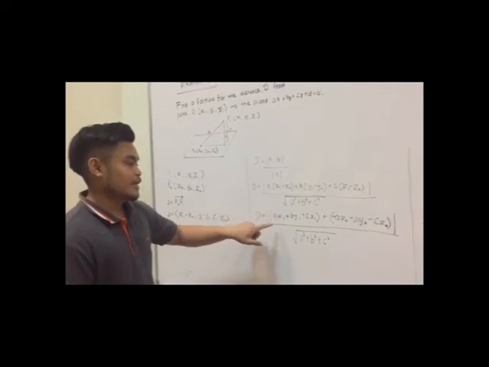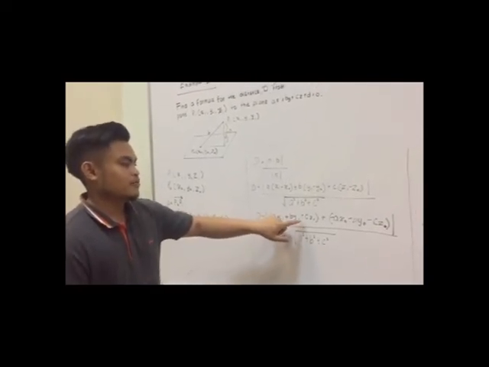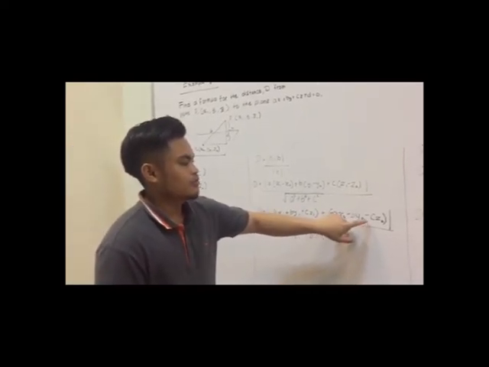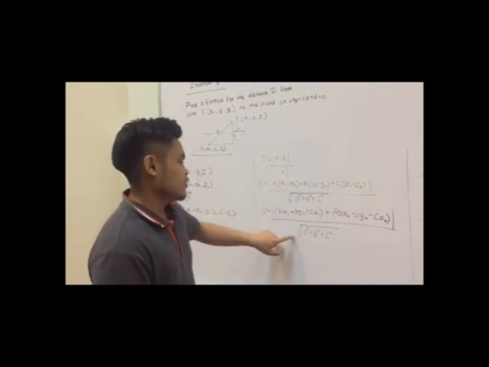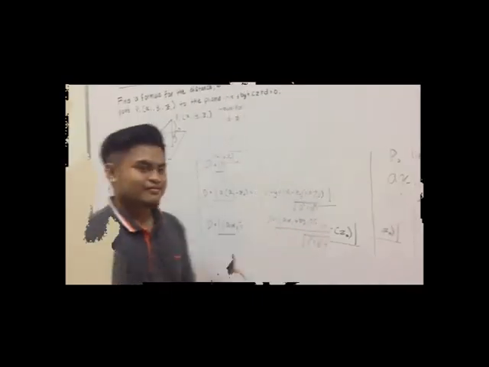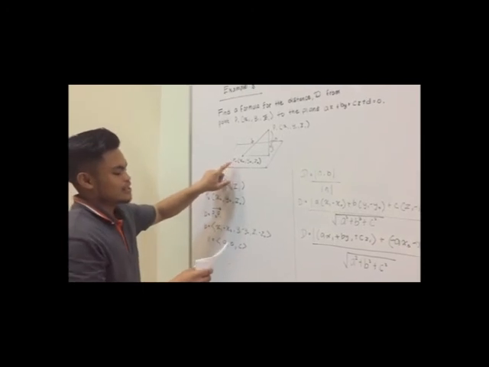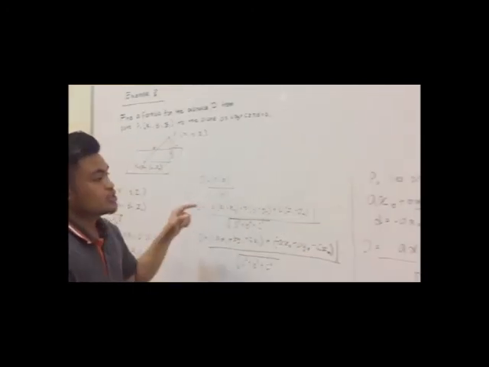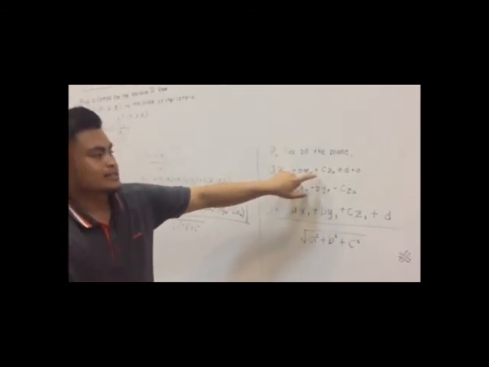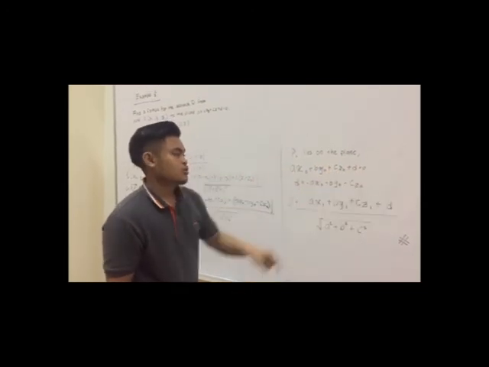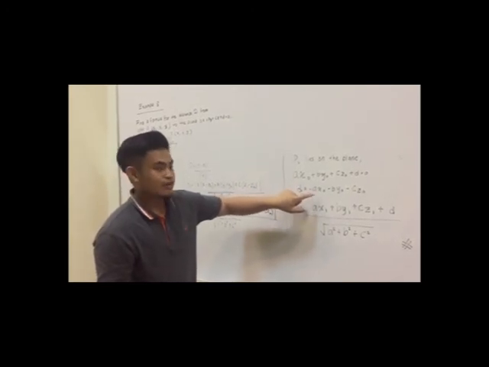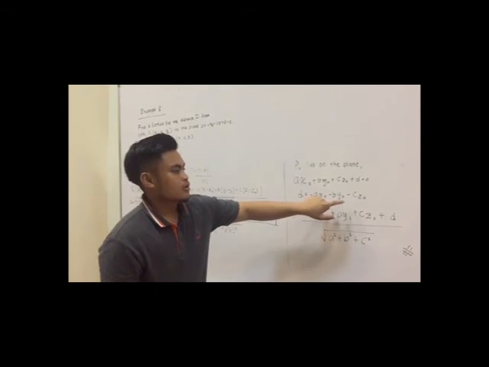After we substitute, we get ax1 plus by1 plus cz1 minus ax0 minus by0 minus cz0, over the square root of A squared plus B squared plus C squared. Because P0 lies on the plane, the equation for P0 is ax0 plus by0 plus cz0 plus d equal to 0. So we can also write d equal to negative ax0 minus by0 minus cz0.